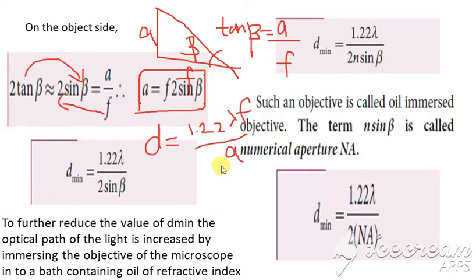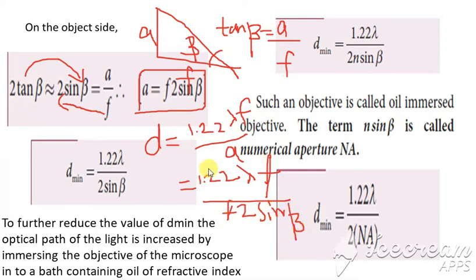So the equation for d is 1.22 lambda f divided by a. Substitute the value of a here. A is equal to f 2 sine beta. When you substitute this value, we get 1.22 lambda f divided by f 2 sine beta. Now f gets cancelled, so we get 1.22 lambda divided by 2 sine beta.